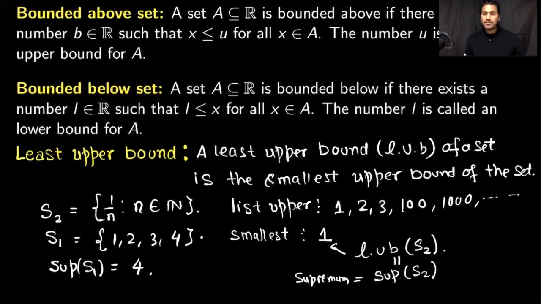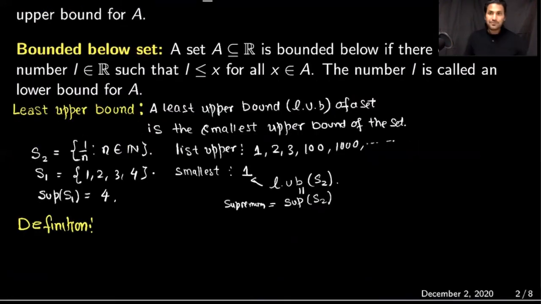Now I'm going to give you a definition which is a bit more mathematical, and which we will use more in our coming videos. It takes this definition, which is written in words, and writes it in a more mathematical form. So here is the more formal definition of least upper bound.